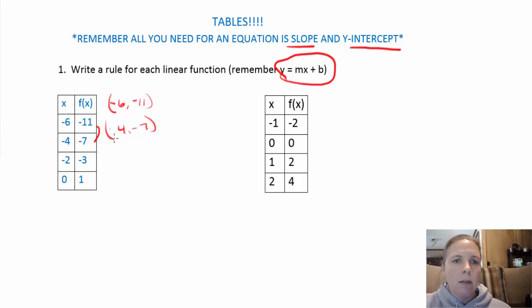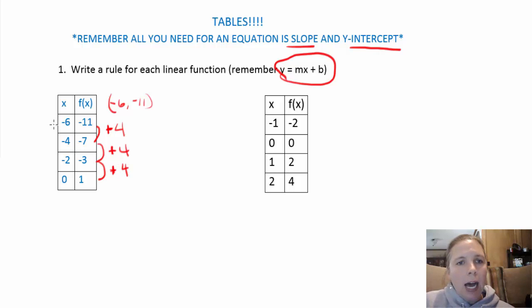Let me erase this out of the way. So -11 to -7, there we go, you're actually adding 4, right? And then from -7 to -3, you're adding 4, and from -3 to 1, you're adding 4.